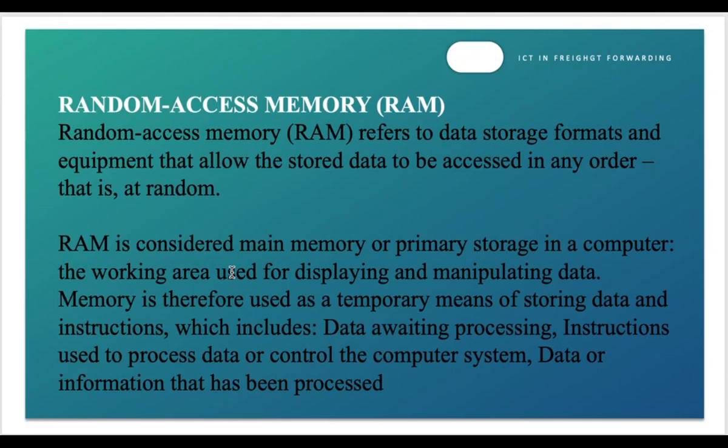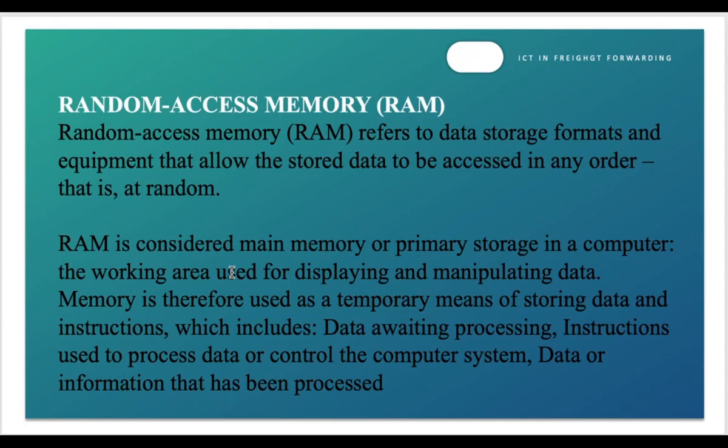An example is when you're creating a letter or a document. If you keep typing and suddenly there's a power cut and you haven't saved this document, you would notice that this document could easily disappear. Now, that is the RAM for you. It's just the primary storage.